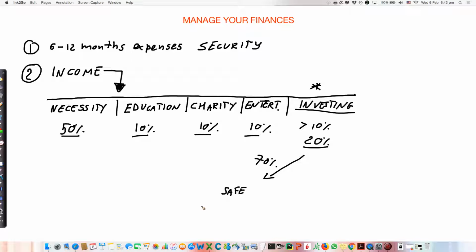And this can be your saving account or fixed deposit or maybe some very safe government bonds. But it should be safe. Okay? Meaning, maybe you get not much, maybe 1, 2, 3%, but you know that the capital is safe.